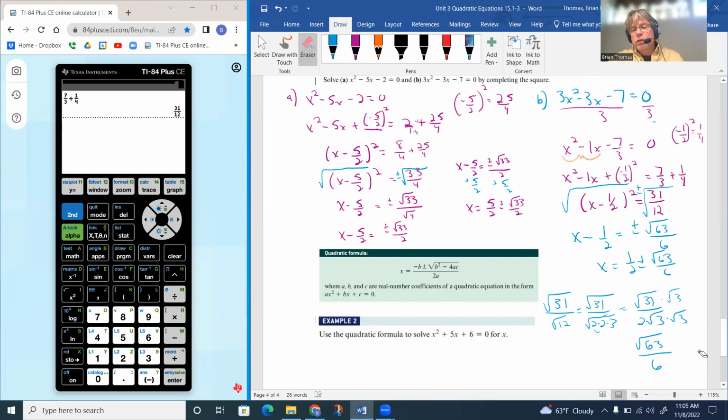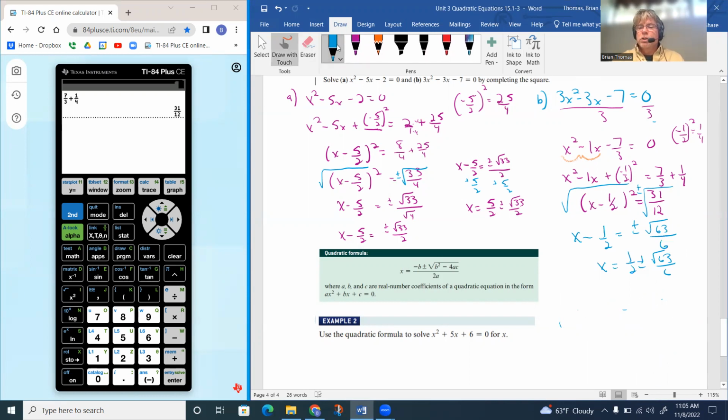Now, one other thing you could do is, if you want to make it a single fraction, you could get a common denominator as well. You could change the 1/2 to 3/6. So you could also say x equals 6/2 plus or minus the square root of 63. I'm sorry, this should be a 93.